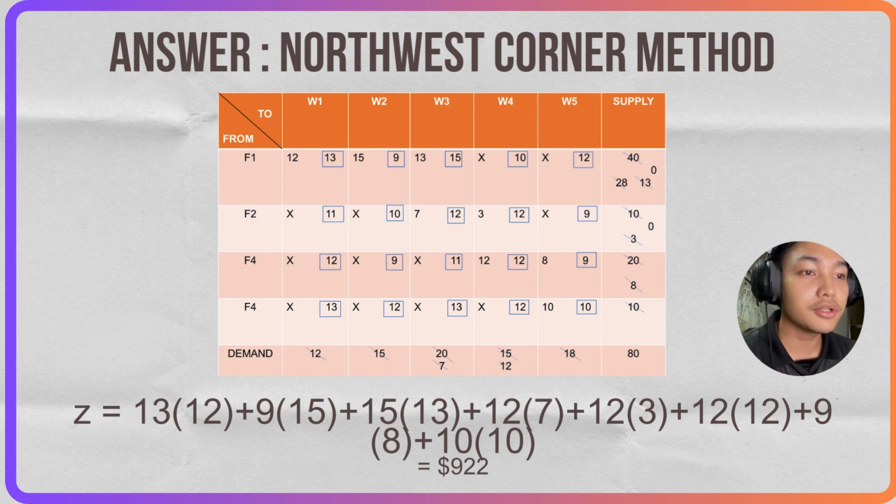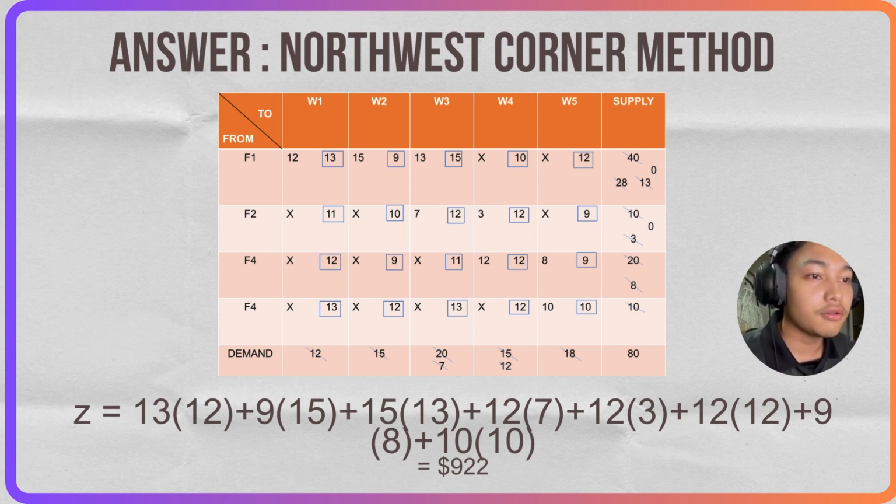First, the demand shown for warehouse 1 is 12 units and can be completed by getting supply from factory 1, because factory 1 has a supply amount of 40 units. So warehouse 1 will not get any supply from other factories. Next, we will look at the demand of warehouse 2.